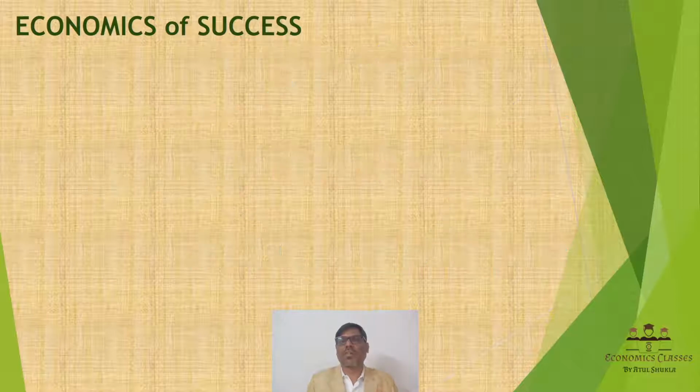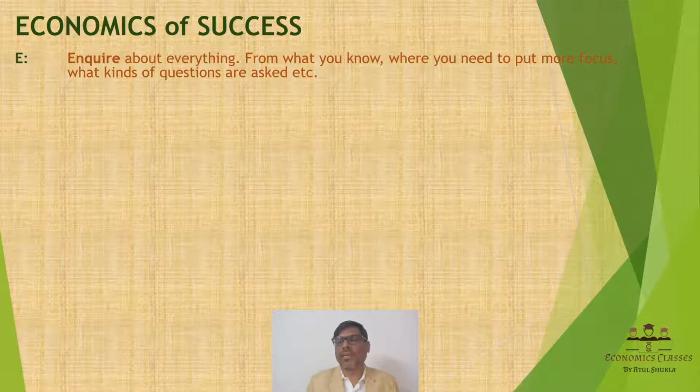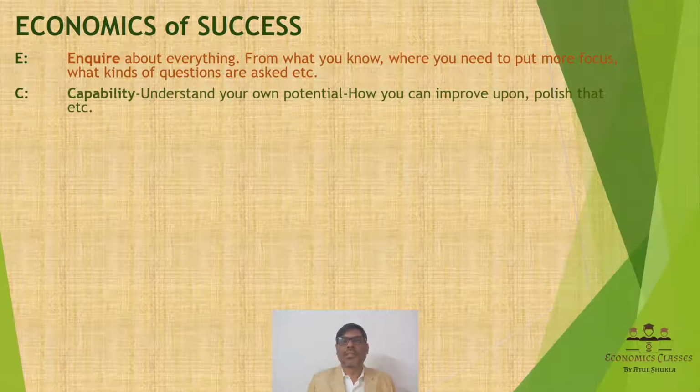E for inquire means inquire what? Inquire about everything. What you know, where you need to put more focus, what kinds of questions are asked, etc. Right? Then capability. See, understand your potential. कि आपकी potential क्या है.